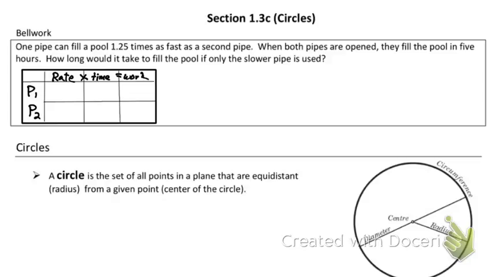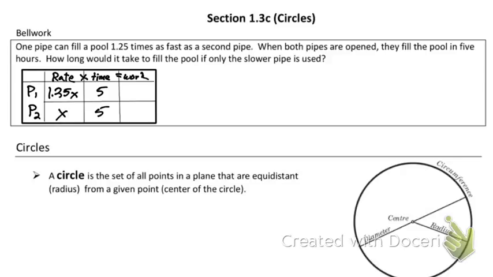So it says one pipe can fill a pool 1.25 times as fast as the second pipe. So I do not know how fast that second pipe works, but I do know pipe 1 works at 1.25 times its speed. And then that sentence says when both pipes are open, they fill the pool in 5 hours. So in 5 hours, they have 5 hours to work, they fill that pool.